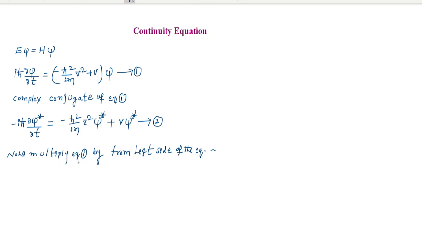So now multiply equation number 1 from the left side of the equation. Which equation? Equation number 1, this one, by psi complex. It's better to write this with another letter, wave function psi complex. No need to put a bracket here.